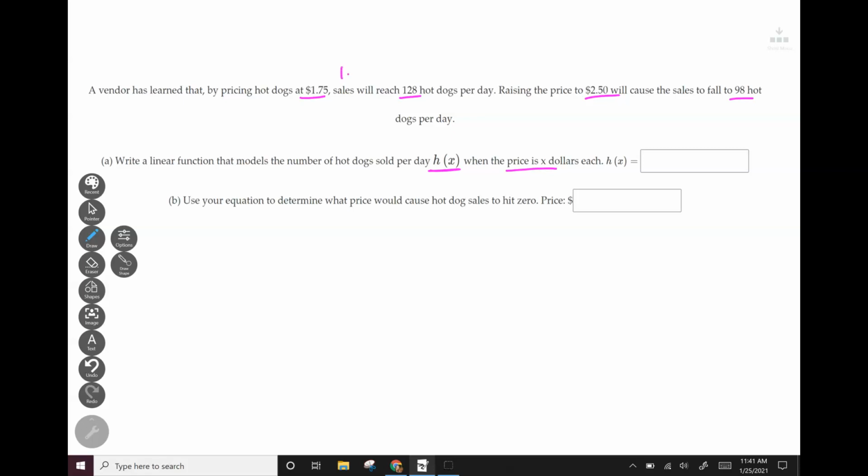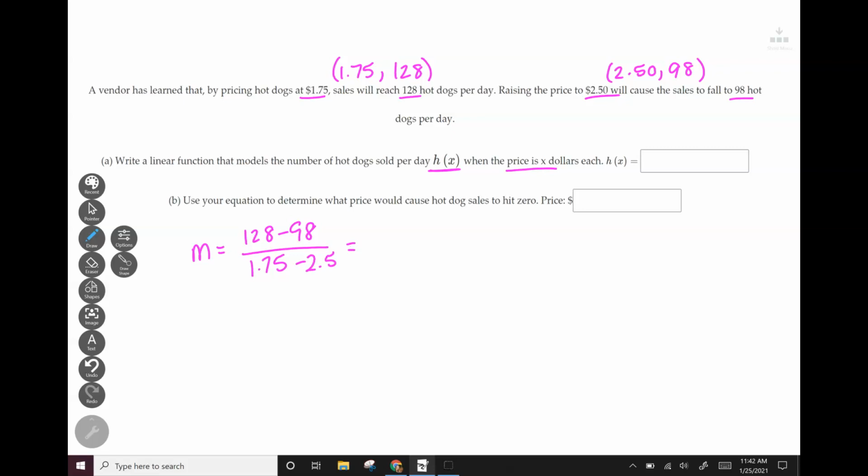Okay, so 1.75, since that's your x, x is your dollars, results in 128 hot dogs per day. And then your other point, 2.50, results in 98. Okay, now we'll calculate our slope. So I can do 128 minus 98 over 1.75 minus 2.5.